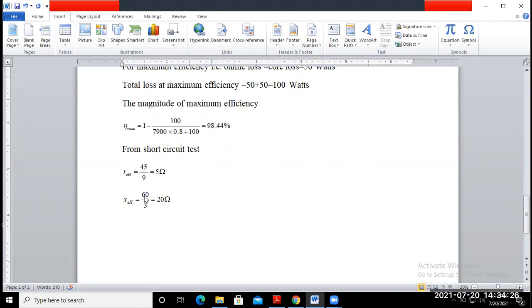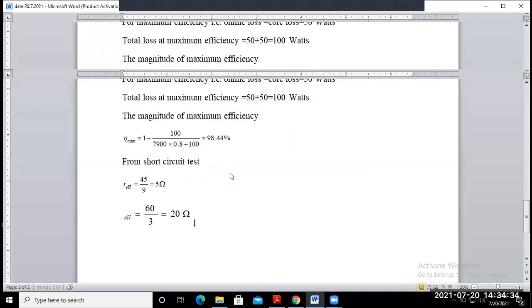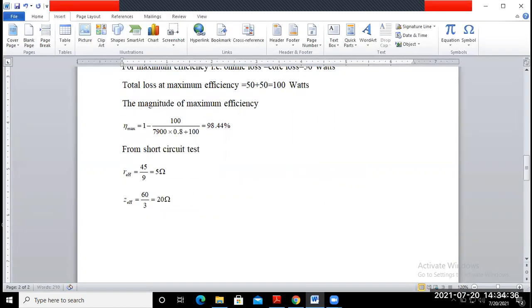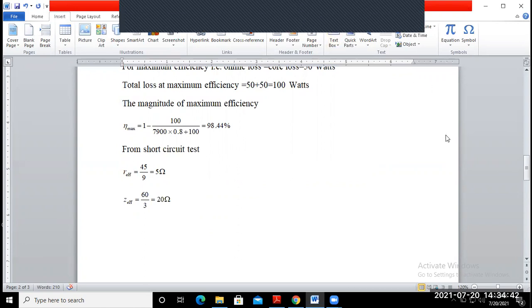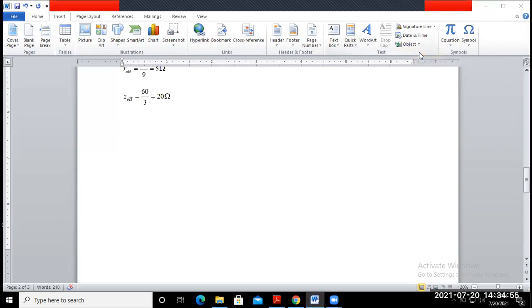This one is ZEH, that means the equivalent impedance along the high voltage side. Now find the equivalent leakage reactance along the high voltage side.